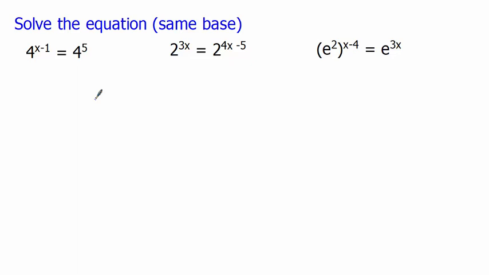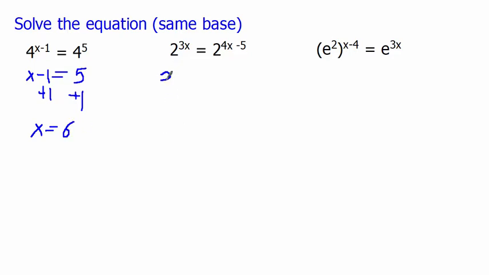Okay, these are ones that have the exact same base. So this is the second method. What I notice, no matter what the base is, I'm going to take the exponents. I'm going to say exponent equals exponent. Hey, we're back to algebra 1 again. We're going to add 1 to both sides. And x here is 6.